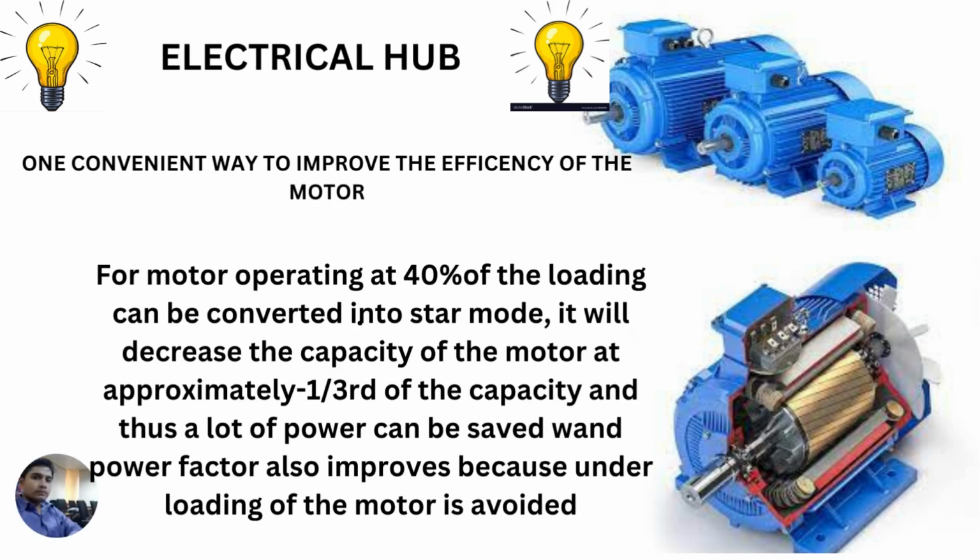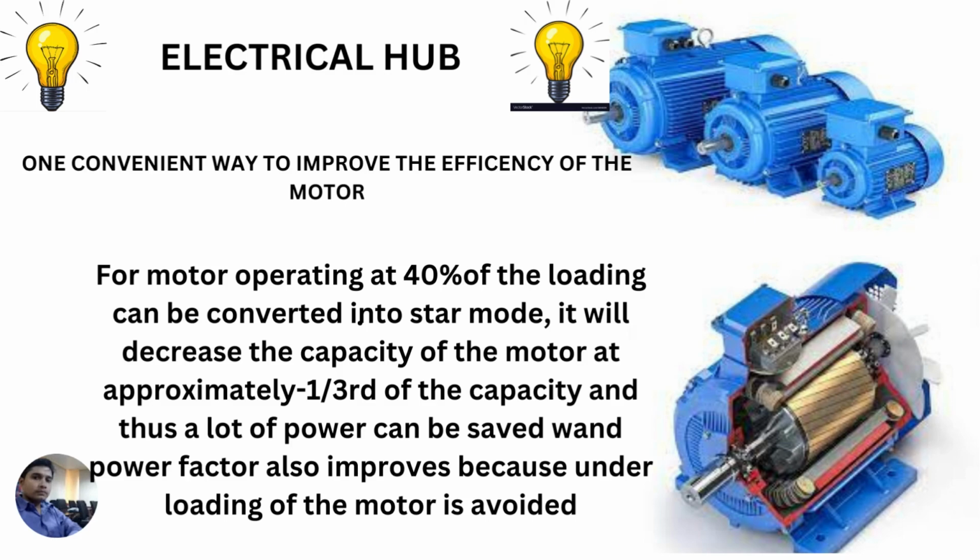Finally, I will provide you one convenient way to improve the efficiency of the motor. Generally, in the process industry, some motors are overrated. They are running at 40 or 50% of their actual load. The motors which are operating at 40% of loading can be converted to star mode.